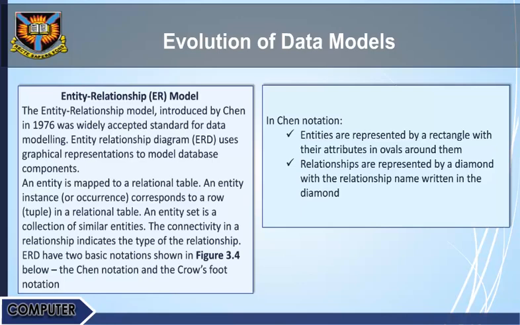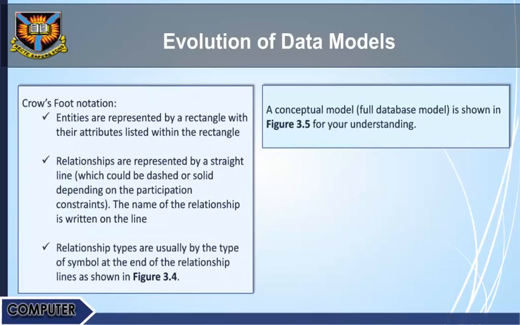ERD have two basic notations shown in Figure 3.4 below: the Chen notation and the crow's foot notation. In Chen notation, entities are represented by a rectangle with their attributes in ovals around them. Relationships are represented by a diamond with the relationship name written in the diamond. Crow's foot notation. Entities are represented by a rectangle with their attributes listed within the rectangle.